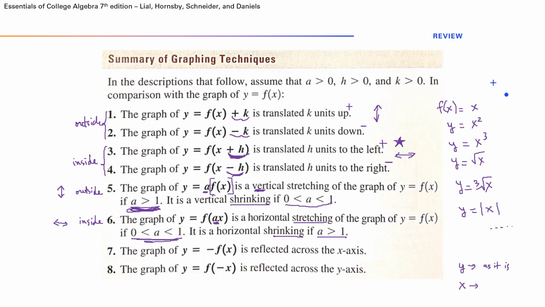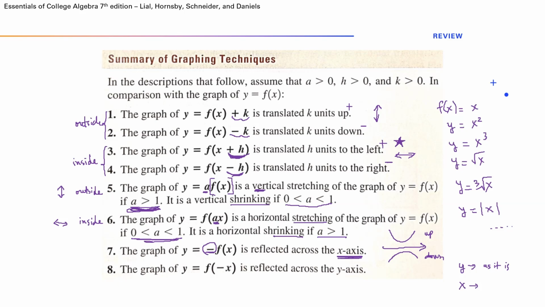Alright, for number 7, reflected across the x-axis is when it's outside. So if you have the x-axis like that and the function looks like that, you have to reflect it, up and down.